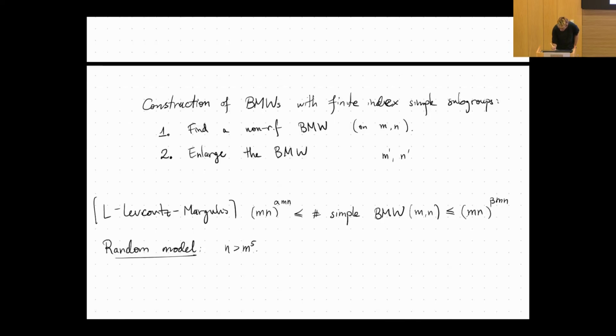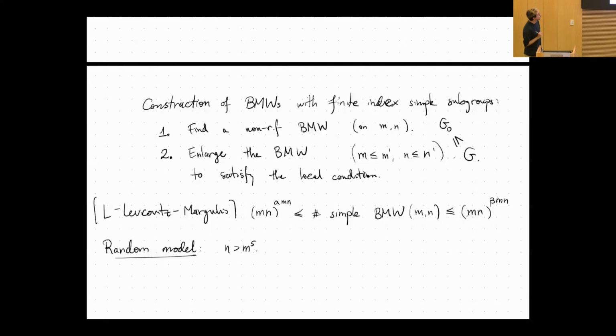Okay, so now you take something that's bigger, to satisfy the local conditions. Let's see that we follow what we did. So we start with some BMW. Let me call it G0, and you enlarge it to get G. So it's not hard to check that G0 is actually a subgroup of G. Okay, I just added the relations. Maybe I killed some of the relations of G0.